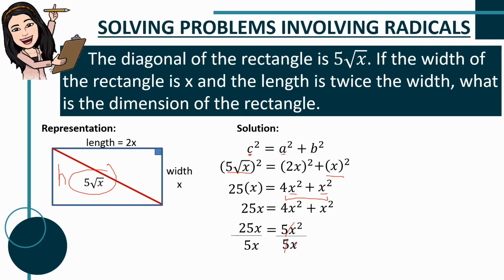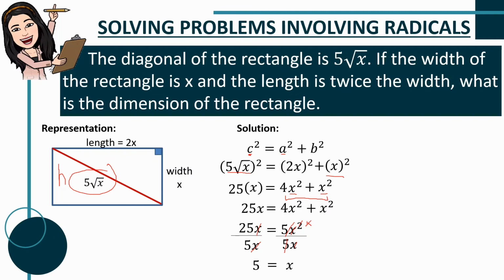At dito, isang x, pero may natira pa tayong isa, since x squared yun, dalawa yung x doon. Tama ba? And then here, makakancel dito si x. How about 25 divided by 5? That is 5. So, therefore, x is equal to 5.